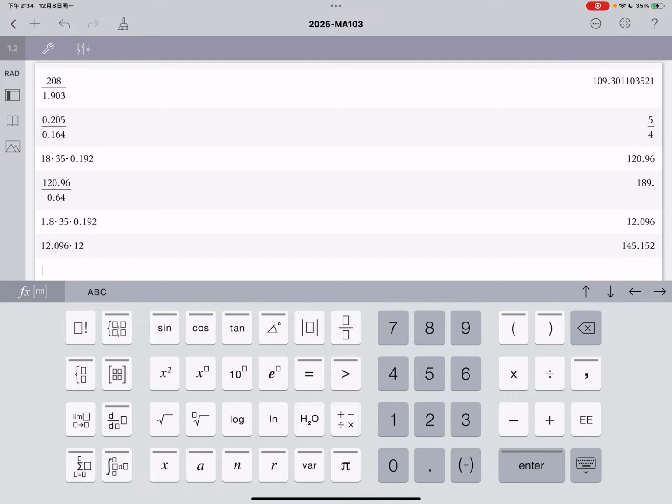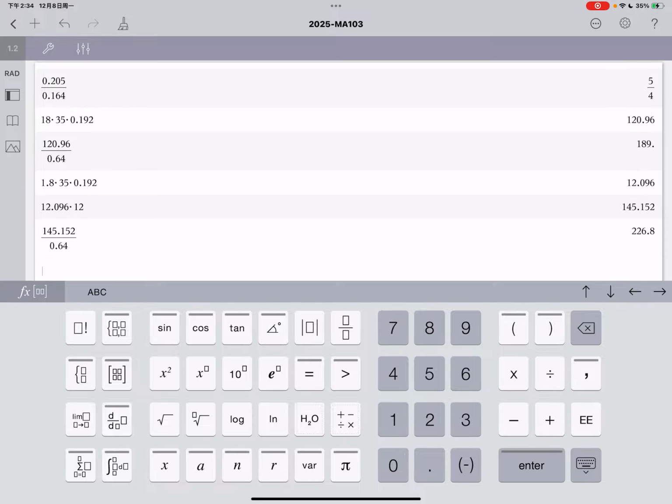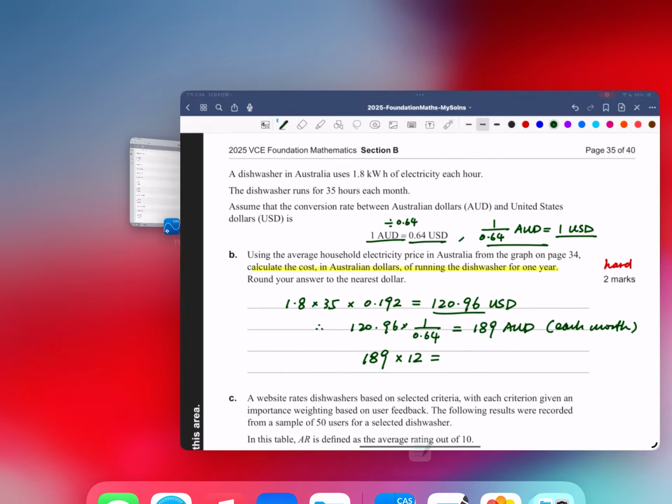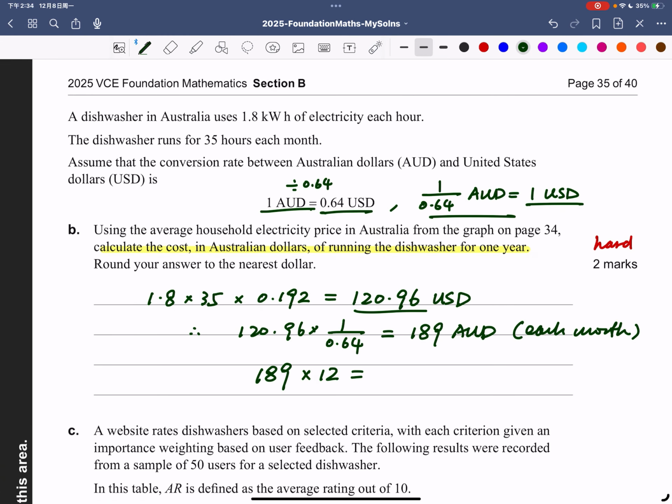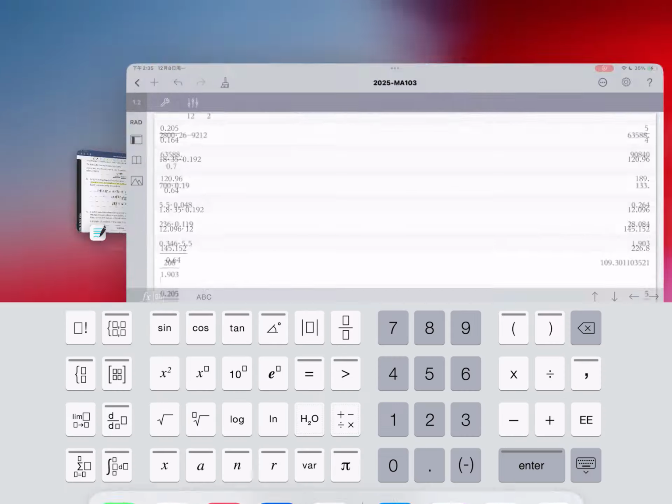I need to divide it by 0.64. Let me do the calculation again.